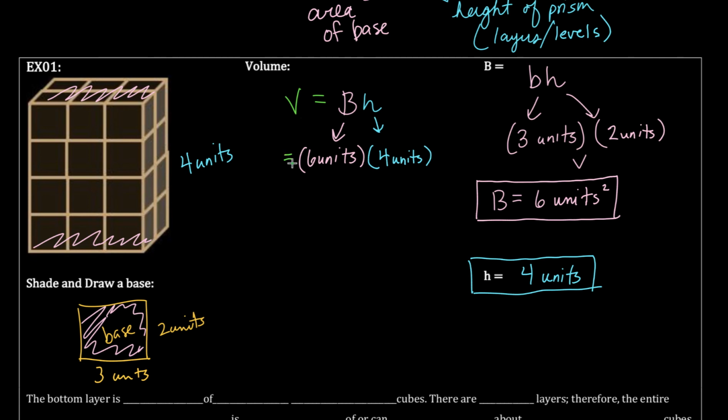Okay, and I get 24 units times units. Oh, I forgot the squared. So units times units times units is units to the third power, or cubic units, or units cubed.